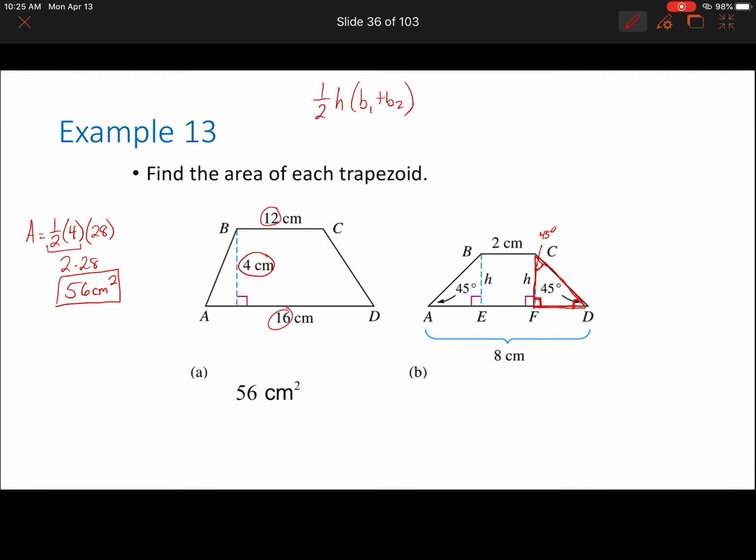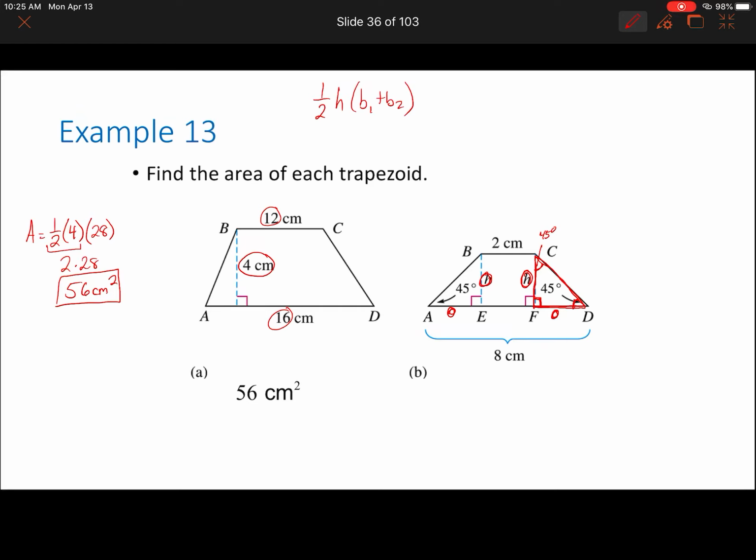Well, if the two base angles are the same, then it means that this side length and this side length have to be the same. Okay? Because it's an isosceles triangle. Well, the same thing then must be true over here and here.